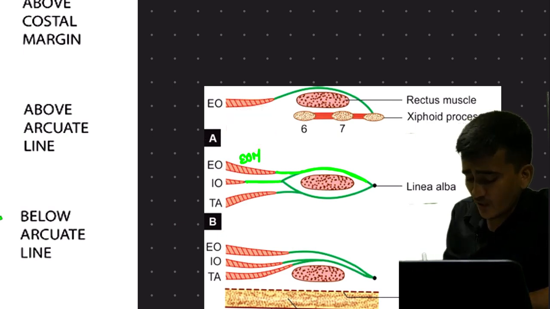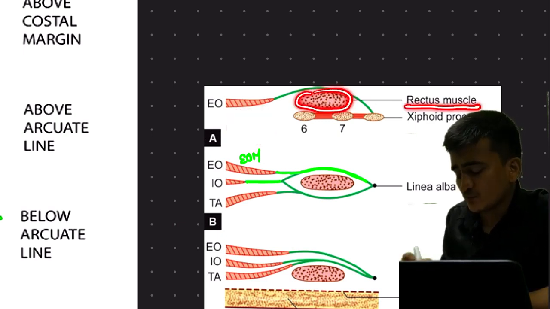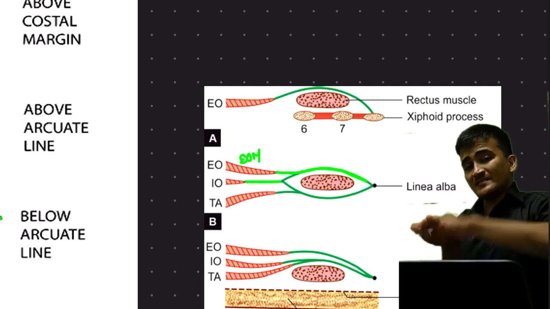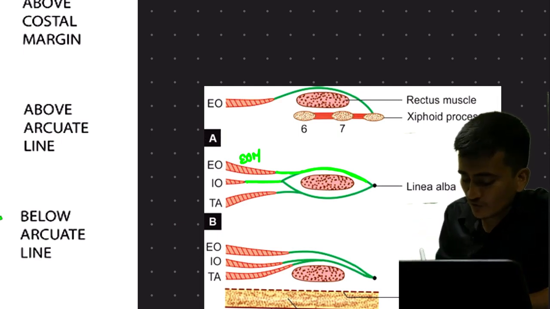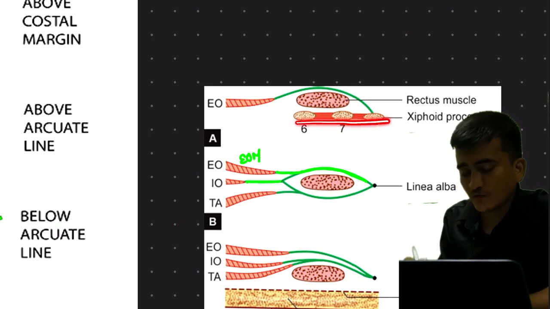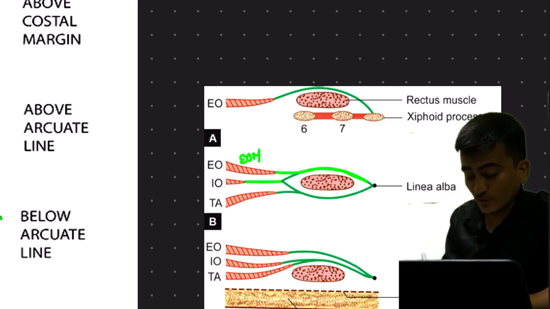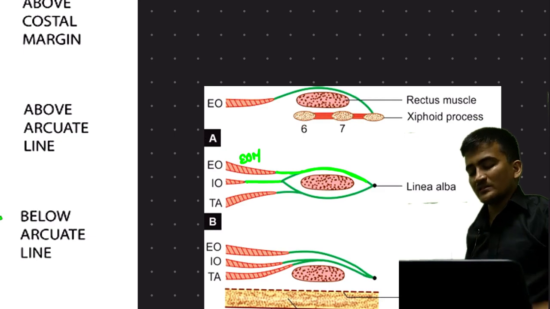Instead, this rectus muscle will just sit on the surface of the costal cartilage of ribs.